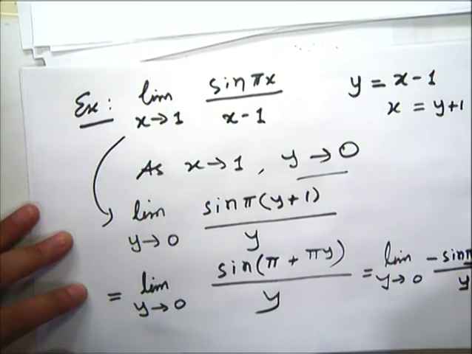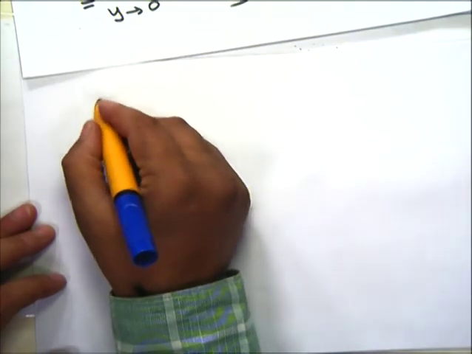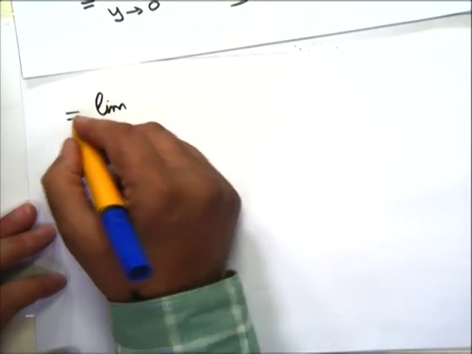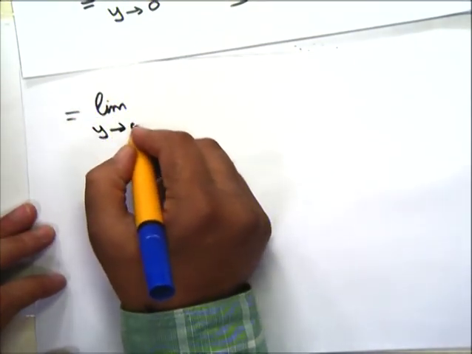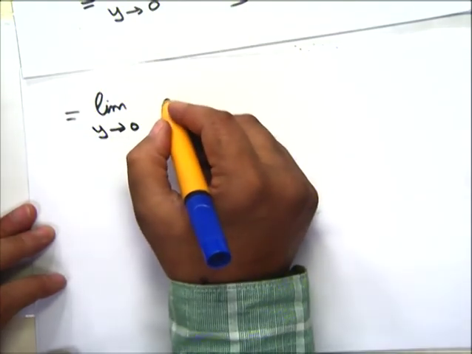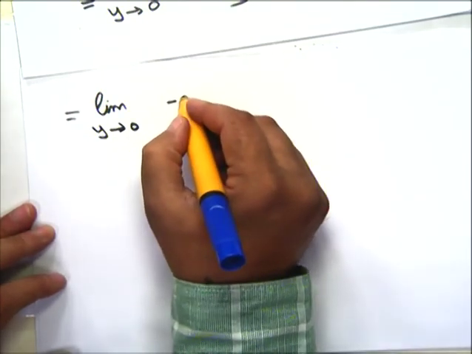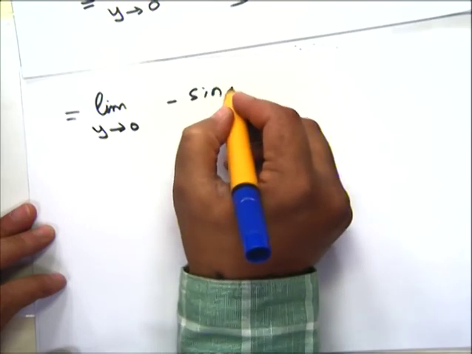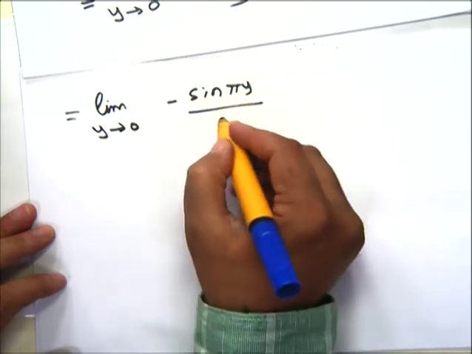Now here it is pi y, so we have to use pi here. Limit y tends to 0 of minus sin pi y upon y.